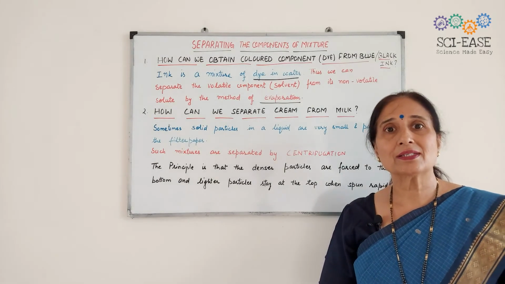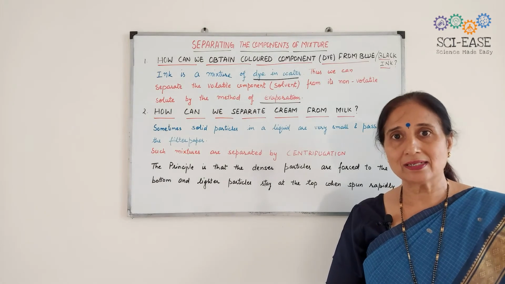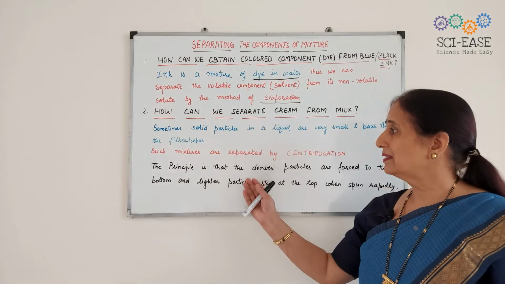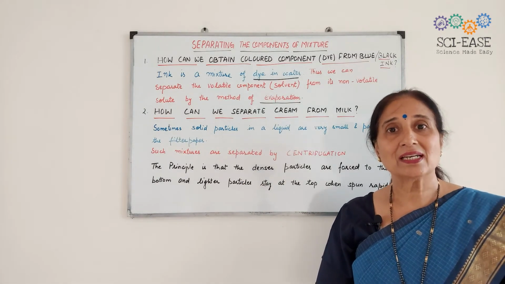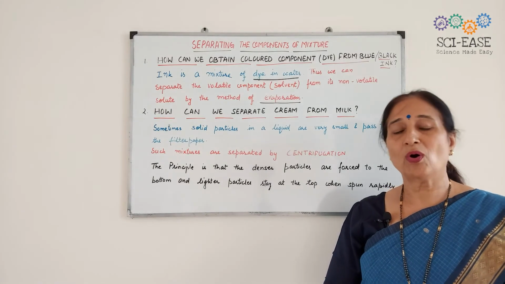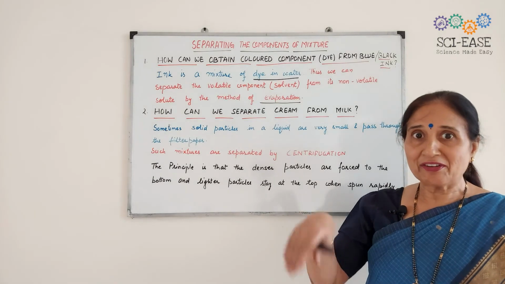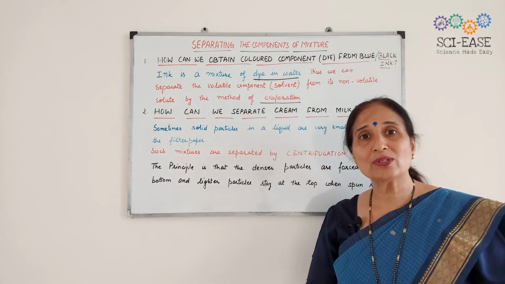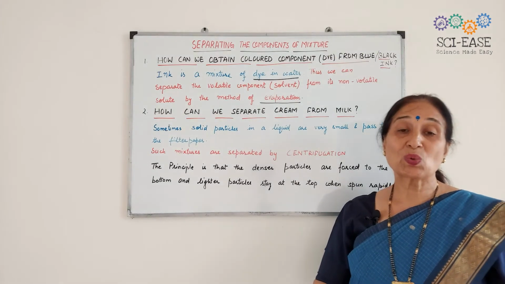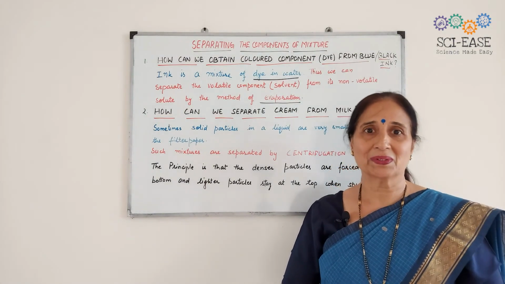This method is used in different diagnostic centers to test urine or blood. This method is used to separate cream from the milk at your home or in dairies. And the centrifugation method is also used to squeeze clothes, so that water is removed from the clothes.